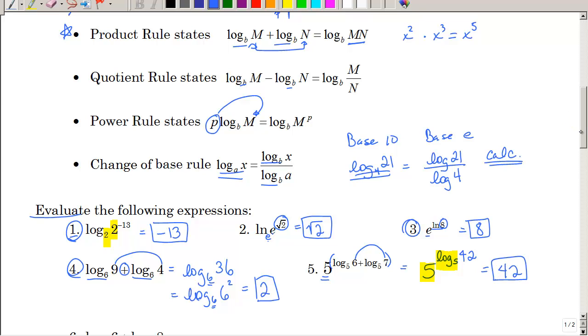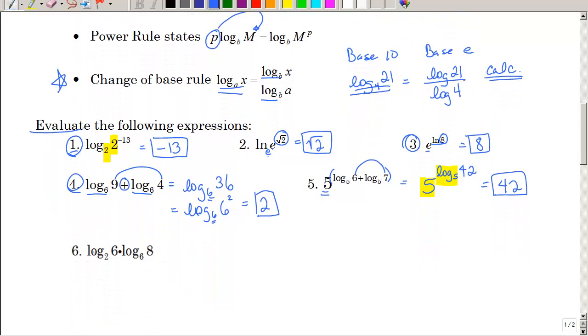So those are pretty easy problems, something you should have done in a college algebra class. This next problem is a little bit more challenging because we don't have the same bases. And we don't have any rules that involve different bases, except for this change of base rule. So let's see what happens.